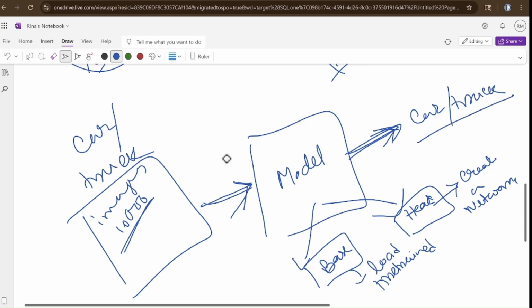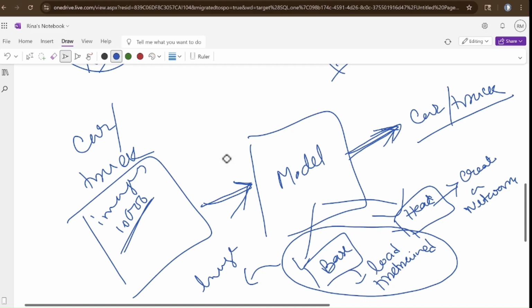Fine. Now, as this is already trained on a huge amount of data set, that is why even with small numbers, you are performing well. Clear? This is the whole thing. I have just connected the dots.